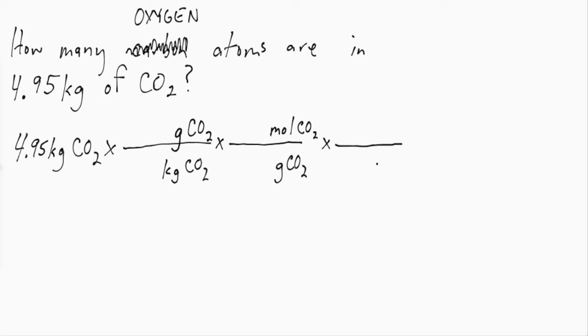Because watch, when I bring down moles of CO2, it would be really easy to go to moles of carbon, because 1 mole of CO2 has how many moles of carbon? 1. So this makes it just a little more challenging. You'll see why in a second. And then moles of oxygen to atoms of oxygen. We can do this.